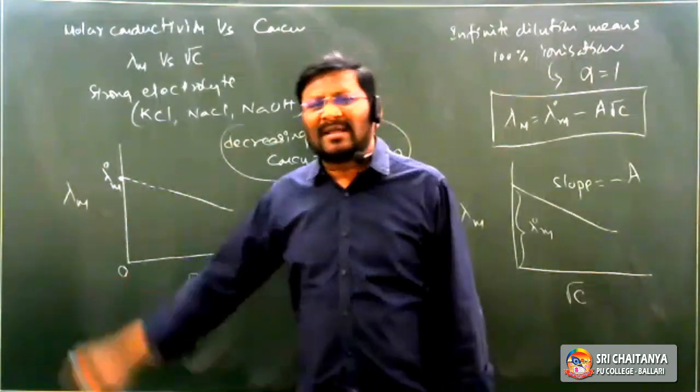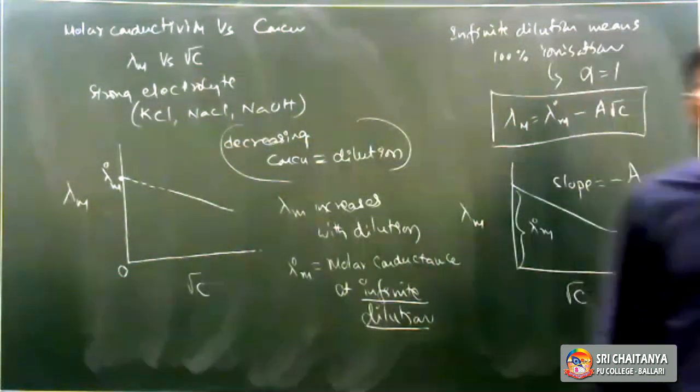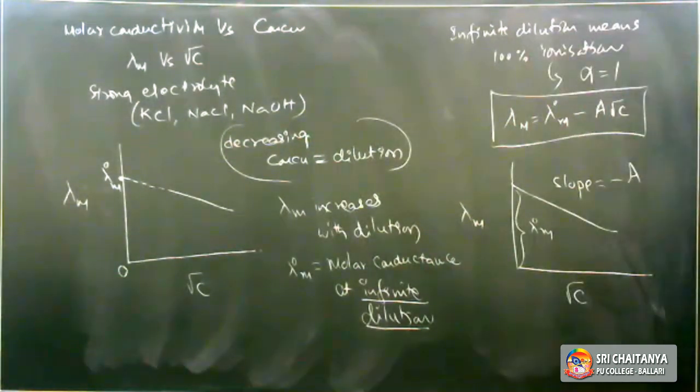Therefore, you will get lambda naught m. This is about strong electrolyte.